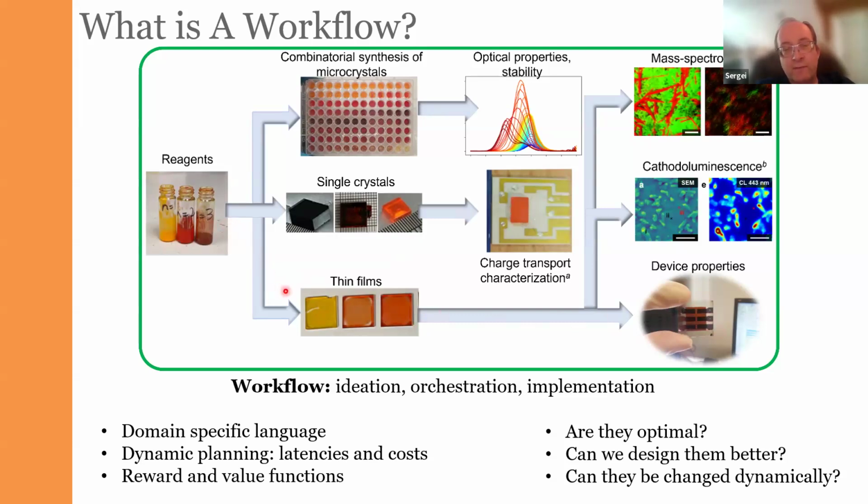we also have a standard Bayesian optimization workflow. When we choose the reagents, we make the films, we measure the property of the device made with the film, we use the device property as the reward function to help us select the next ratio of the components. So this is an example of the absolutely standard by now Bayesian optimization loop.